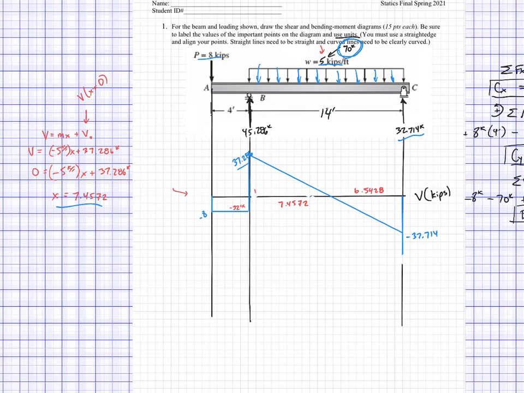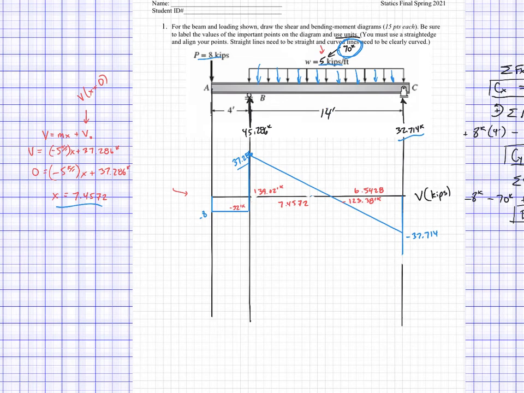So we're going to get 139.02 foot kips. Then for the other one, 6.5428 times 37.714, divide by 2, and I'm going to get 123.38 foot kips. And remember, this is a -123 point, whatever.